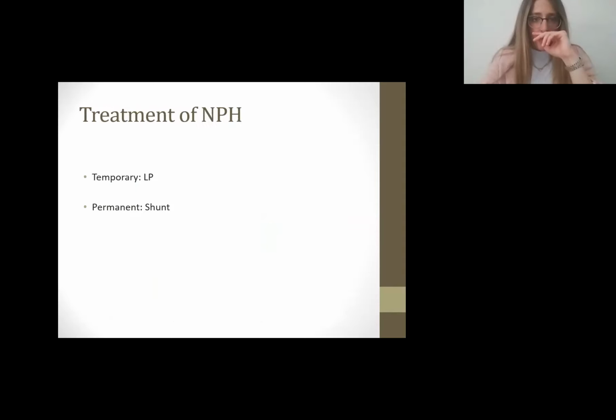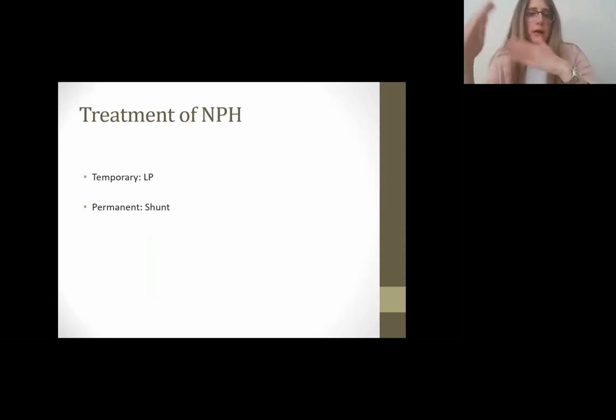Now I like to take it a little bit overboard, so as to make it a crash course. A temporary treatment of the NPH will be LP. And if you were ever told that a patient with urinary incontinence and gait instability, a little bit of memory impairment, that's it, comes with a similar CT to the one I showed you, and improved minorly with LP, please think of NPH.